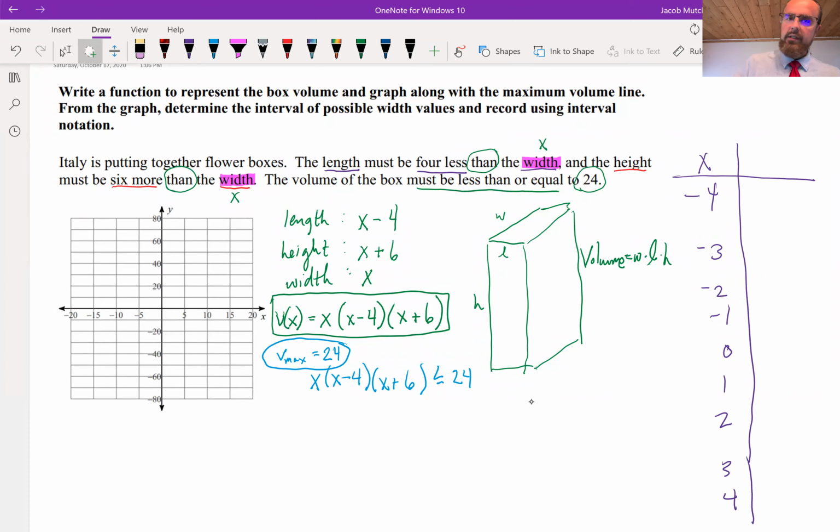And the outputs we had gotten, just to remind you, because we'd seen these on the graph, so this is our volume function, V of x: negative 4 is 64, negative 3 is 63, negative 2 is 48, negative 1 is 25, 0 is 0, 1 is negative 21, 2 is negative 32, 3 is negative 27, and 4 is 0.